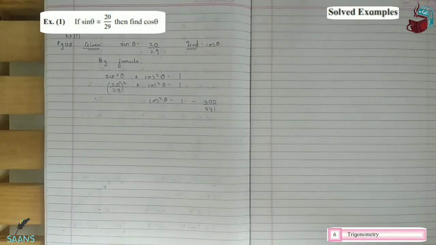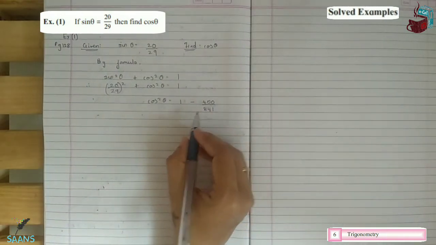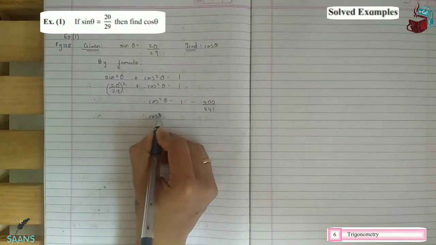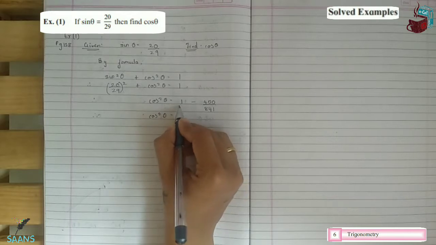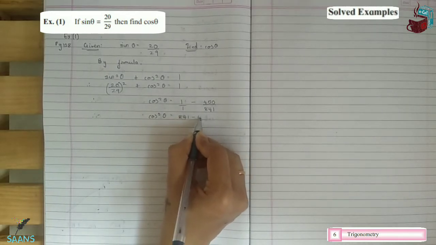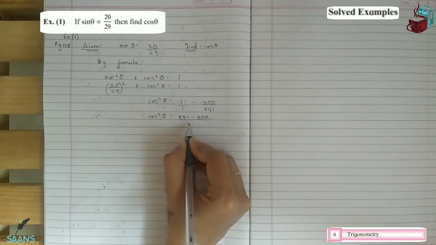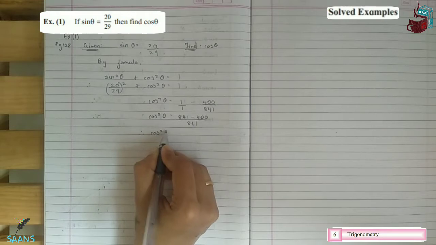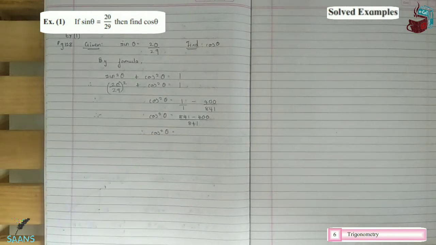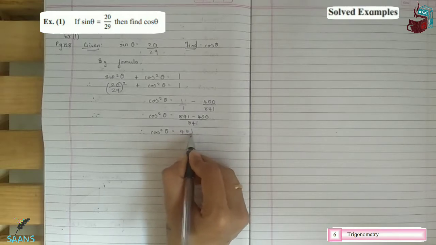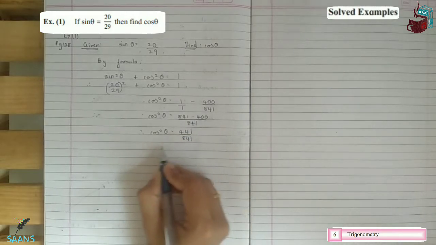You need to learn squares till 30 by heart. It's very useful for you. Therefore, cos square theta is equal to, take LCM, 841 minus 400 upon 841. Therefore, cos square theta is equal to 441 upon 841.